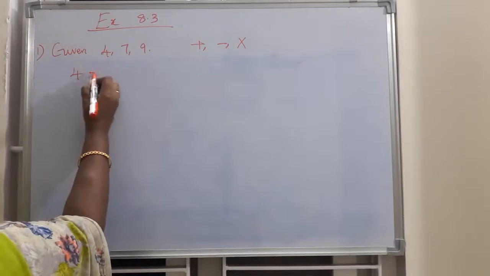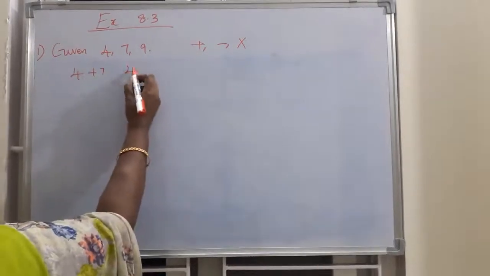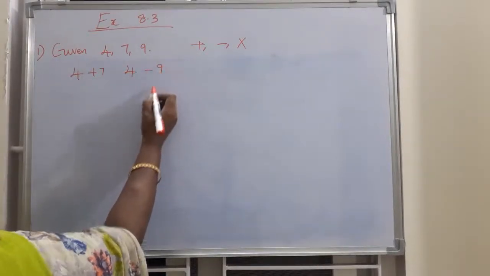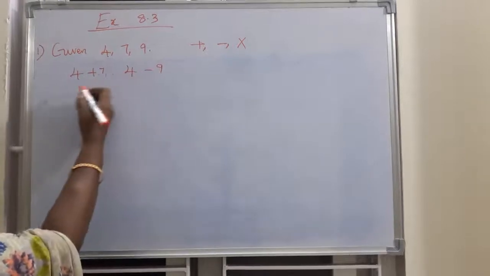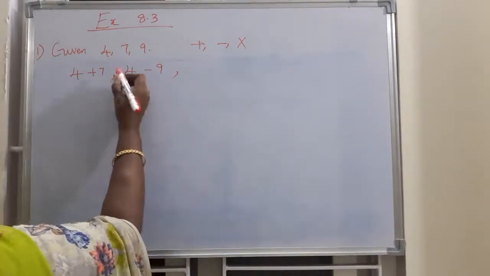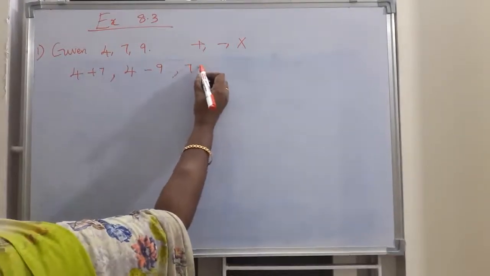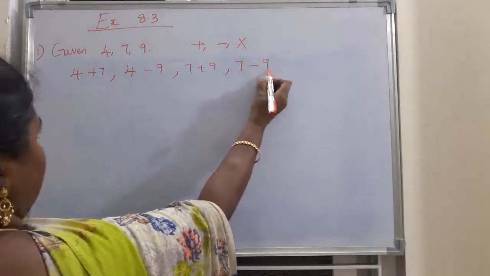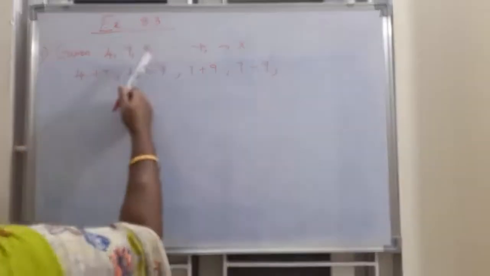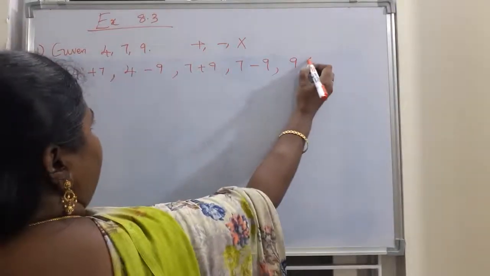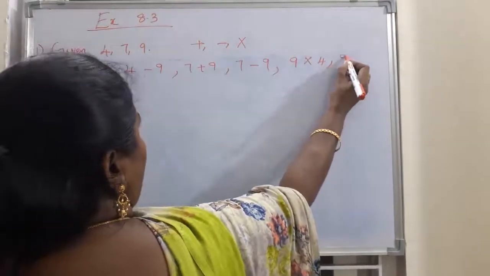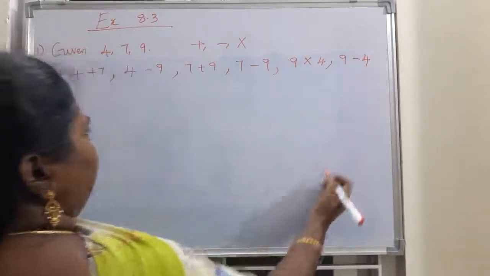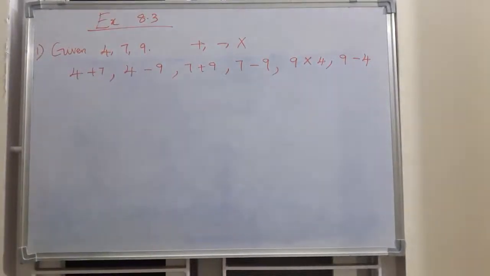So 4 plus 7, 4 minus 9. So 2 are over. Next we'll take another one. 7 plus 9, 7 minus 9. Next 9 into 4, 9 minus 4.